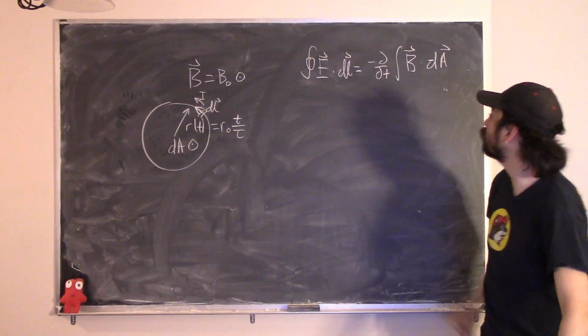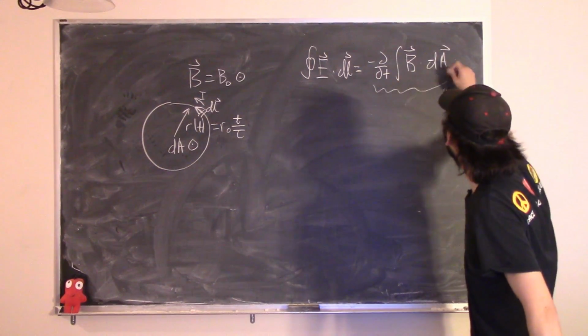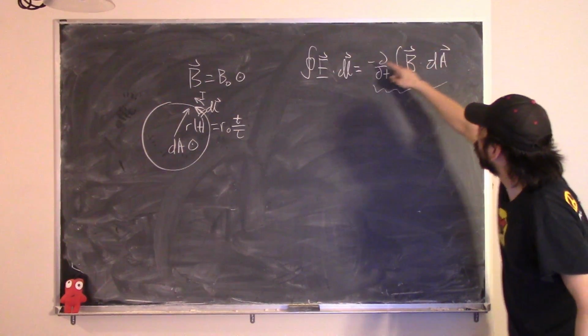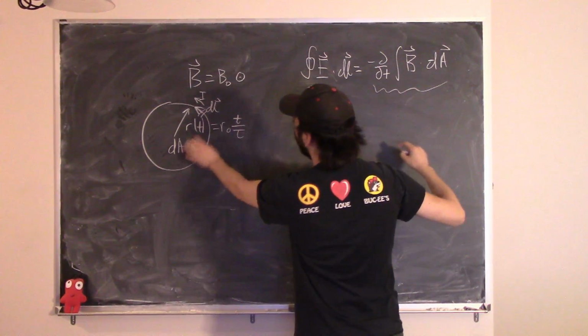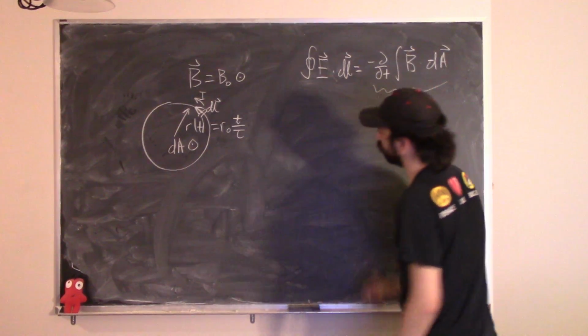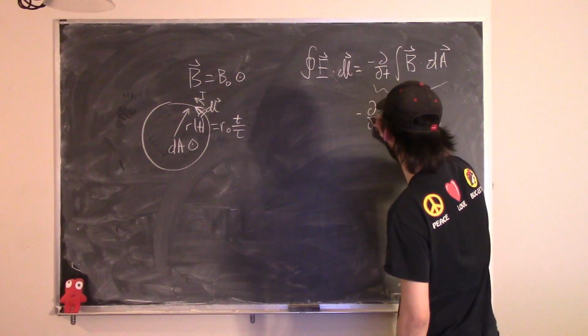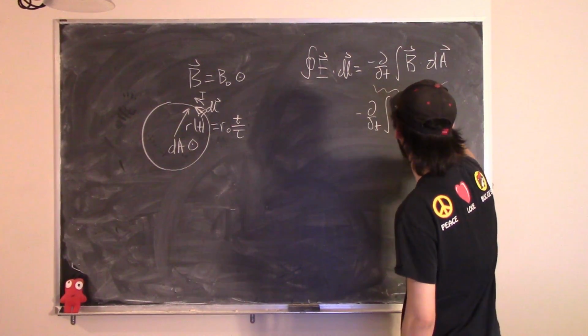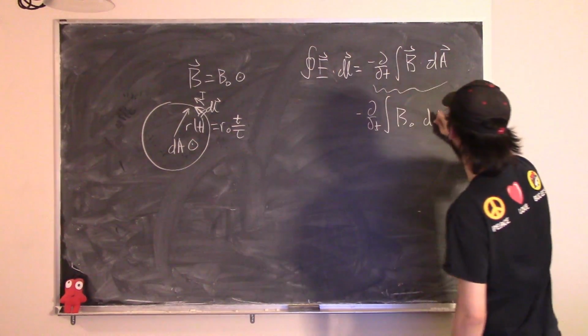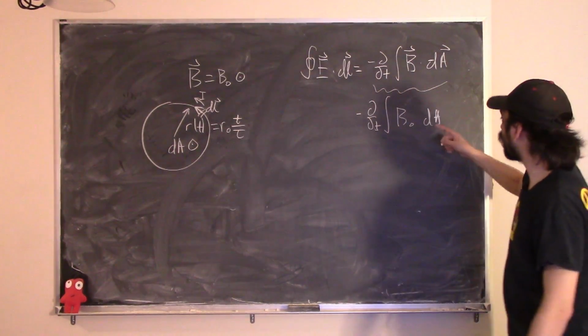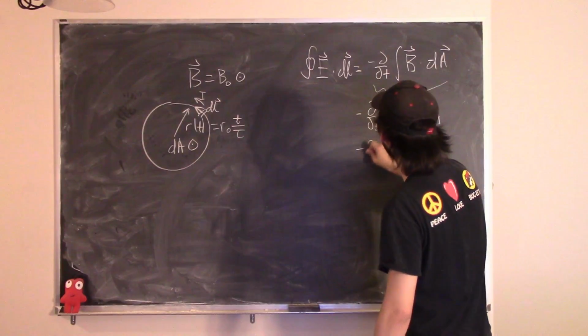Now that we have those things, we're ready to evaluate the right-hand side of Faraday's law. The reason why I choose dA this way is so that this dot product is always going to be positive. And so we have a negative partial derivative with respect to time of the integral of B0 times dA. In order to evaluate this, we can plug in what dA is.